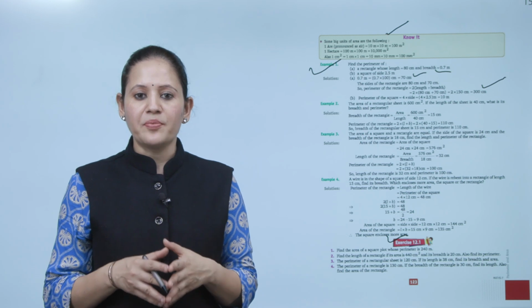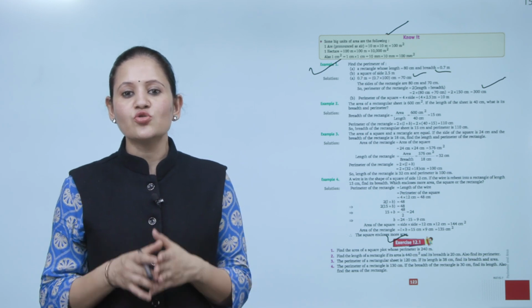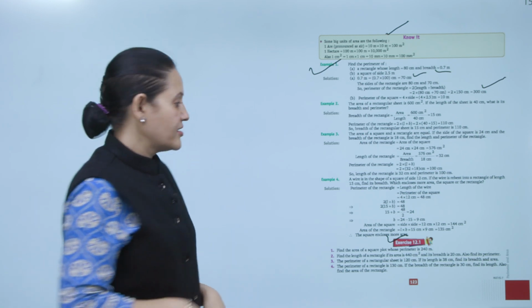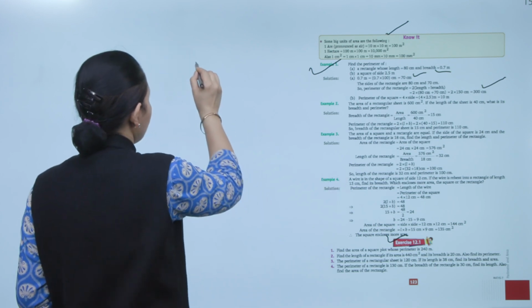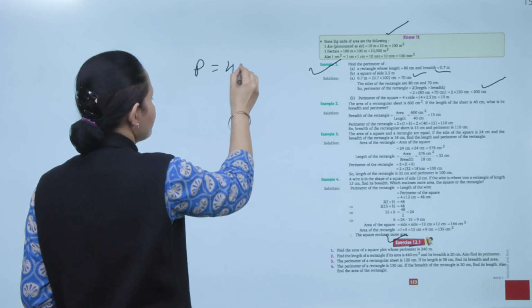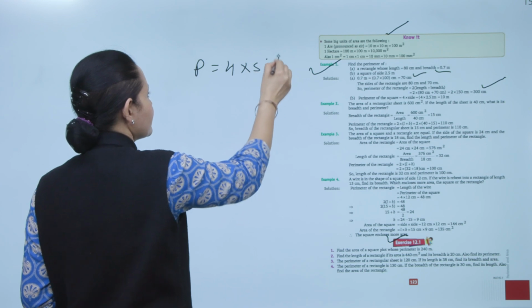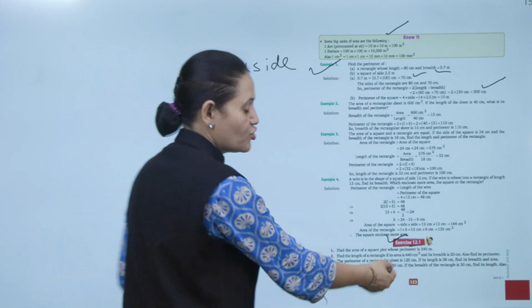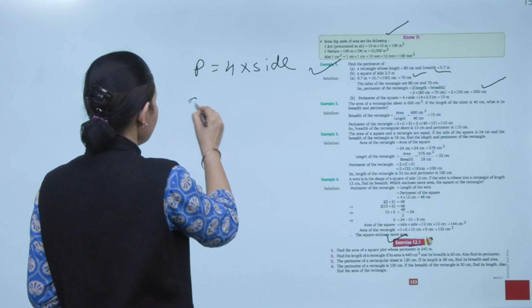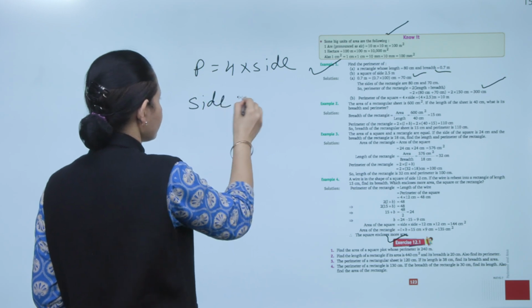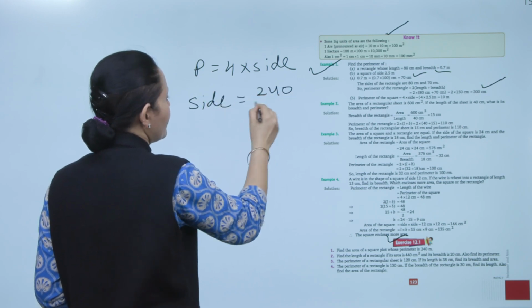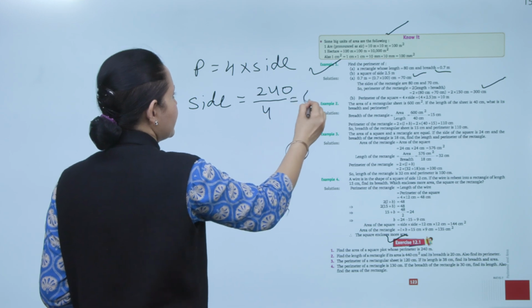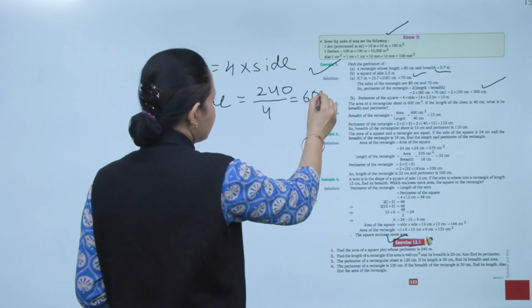Find the area of a square plot whose perimeter is 240 meter. So perimeter is given. Perimeter equals 4 into side. Here perimeter is 240. So side will be 240 upon 4, that is 60 meter.